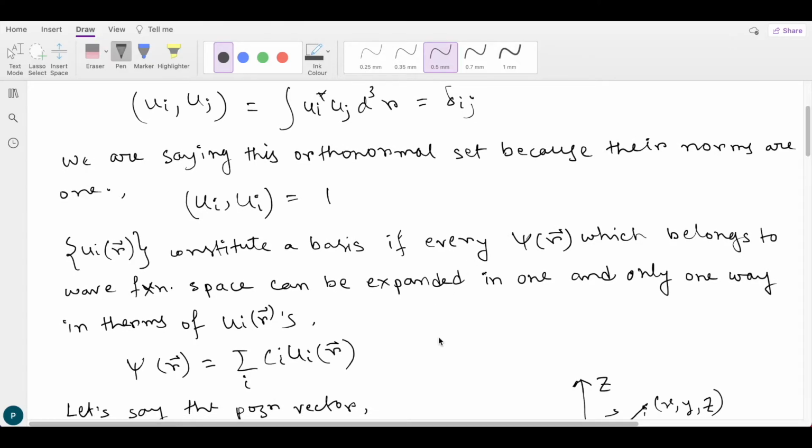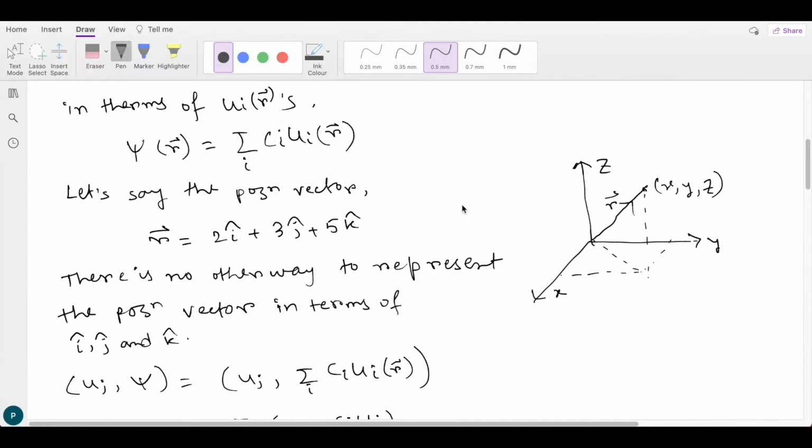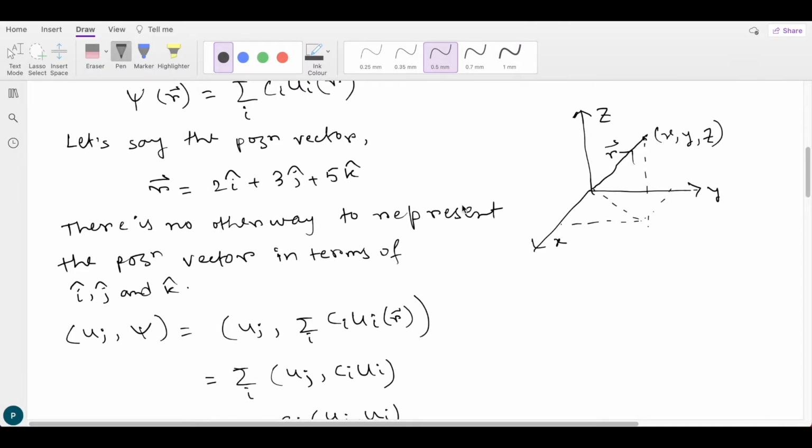So the set ui constitute a basis if every psi, which is a wave function which belongs to the wave function space, can be expanded in one and only one way in terms of ui's. So you can write psi equals summation ci ui. So we can relate this with the 3D space. Let's say we have a point xyz whose position coordinates are 2, 3 and 5.